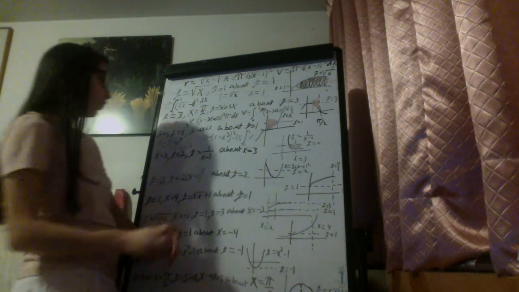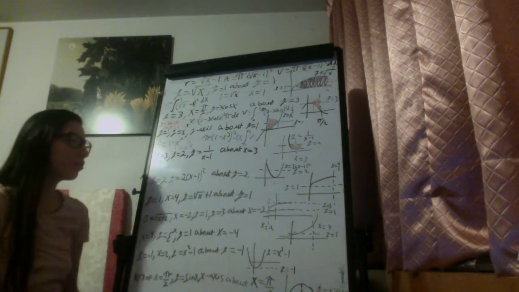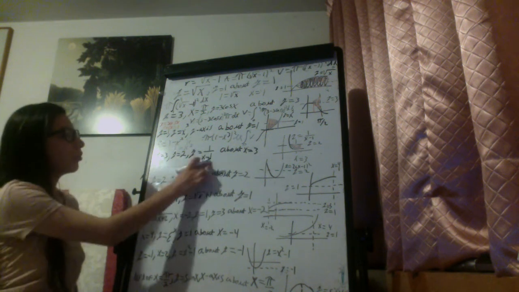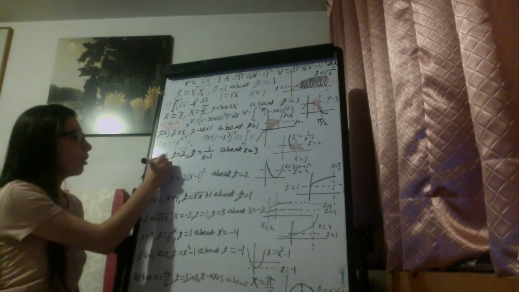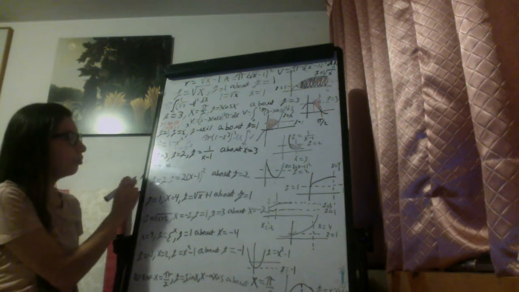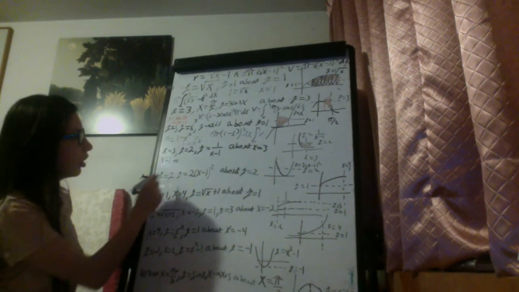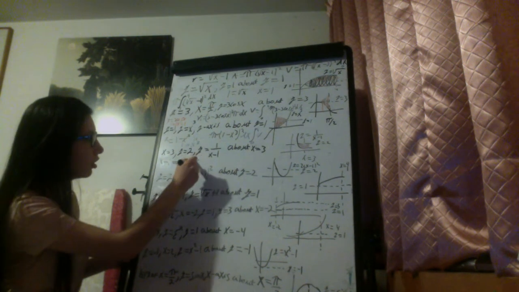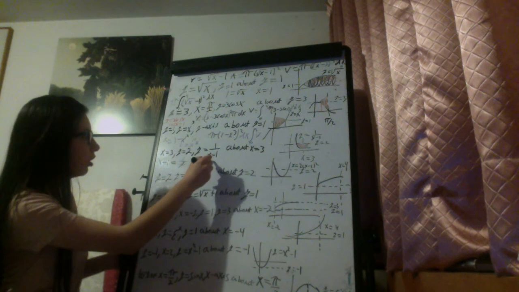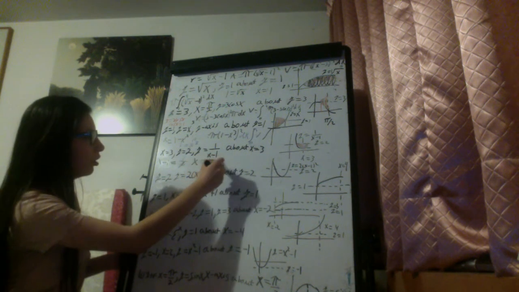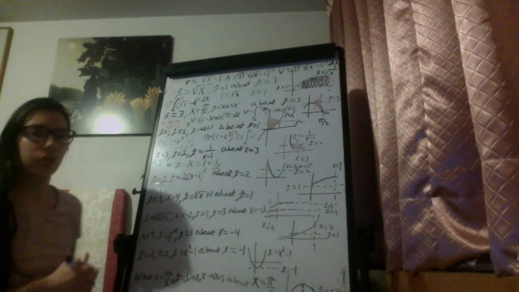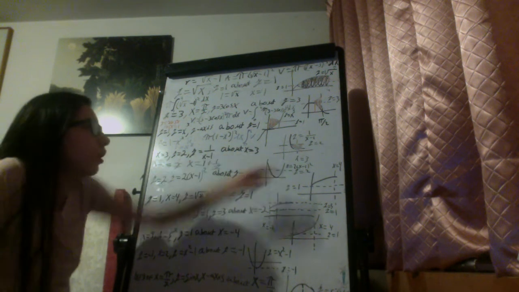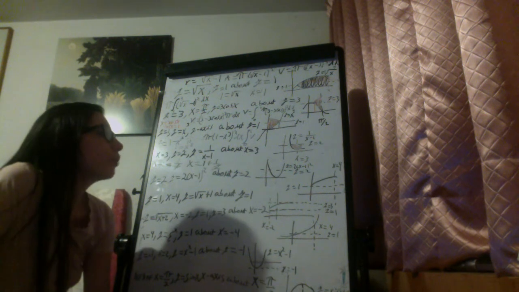So let me put this y equals 1 over x minus 1 in terms of x. We have x minus 1 is equal to 1 over y. So x is equal to 1 plus 1 over y. To this we are going to subtract this from x equals 3.